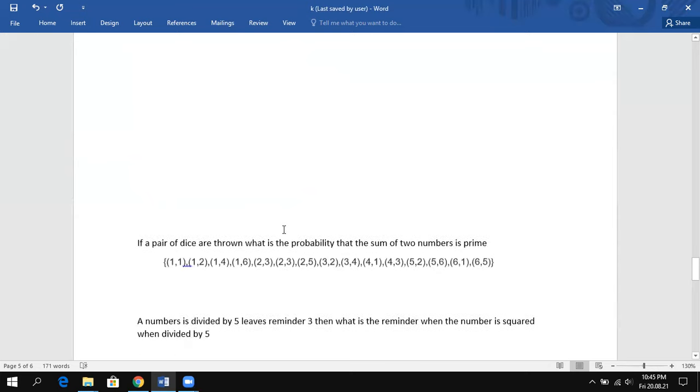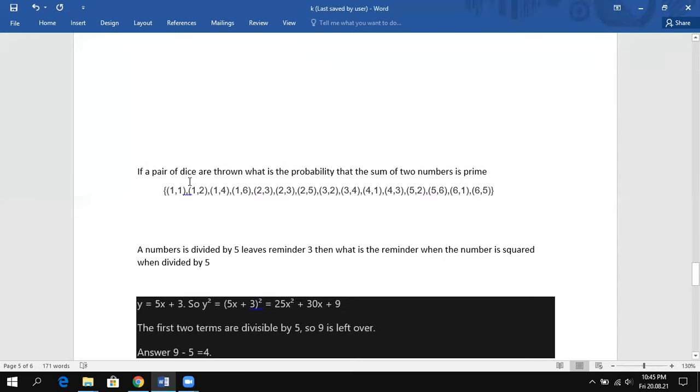And there was another question stating if a pair of dice are thrown, what is the probability that the sum of the two numbers on the dice would result in a prime number?